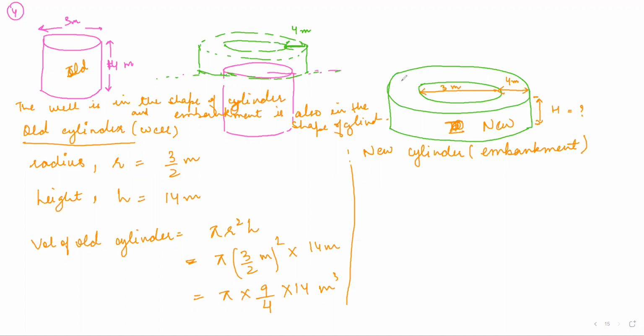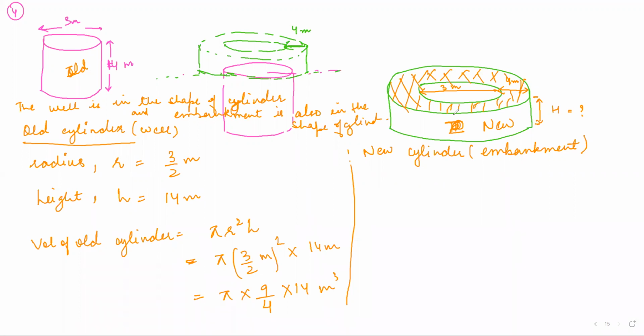Why? Ultimately, I need this volume, right? There's a gap in between, there's nothing here, right? So I'll find the volume of the external cylinder, then I'll find the volume of the internal cylinder, I'll subtract it, so I will get the volume of this only. Is that clear?